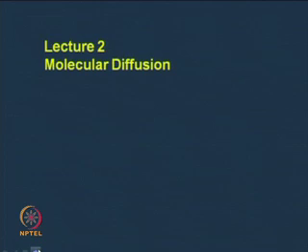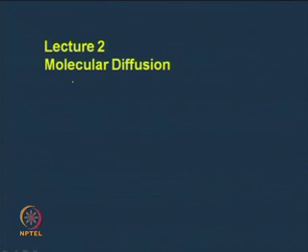So, molecular diffusion, as we said in the last class, is the diffusion of the molecules by virtue of their thermal energy. Since the diffusion of molecules by molecular diffusion occurs by thermal energy, the rate of diffusion is slow. We can explain this mechanism by simple kinetic theory.